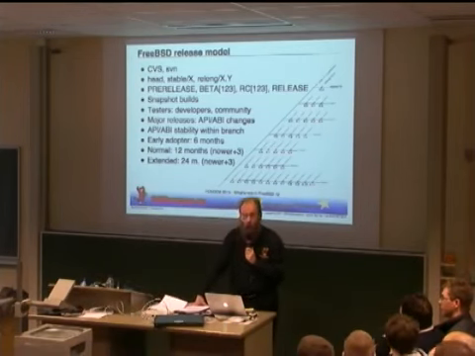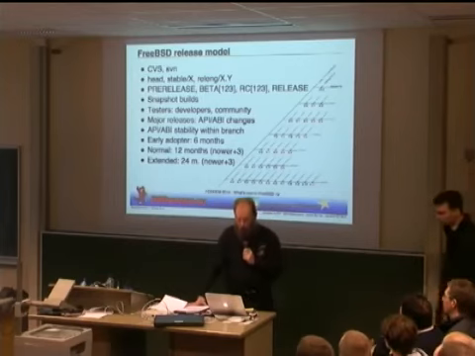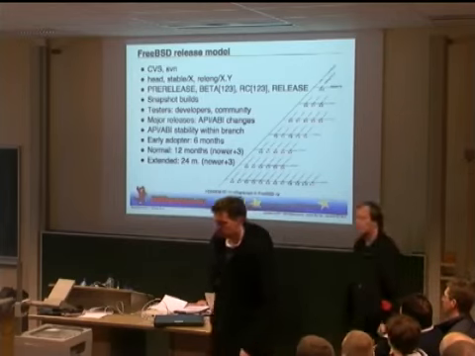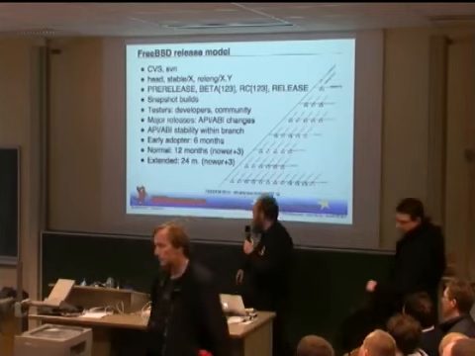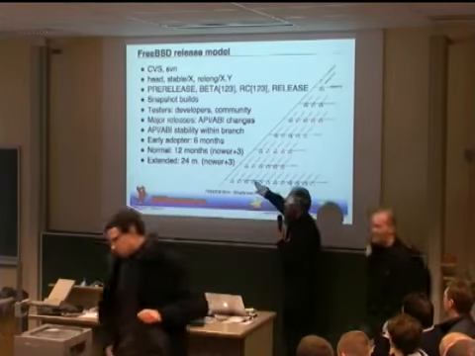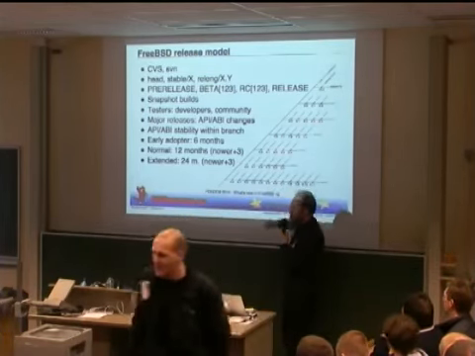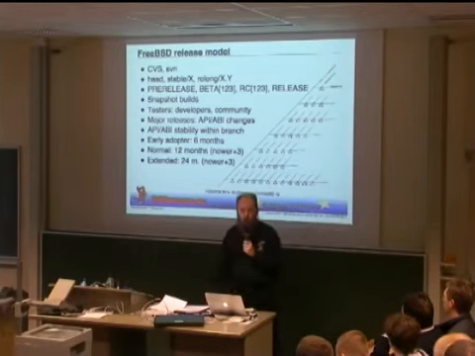And when every release is cut from the tree, we get another small branch, and they're depicted by the little arrows pointing upwards. That's what we call the security branches.